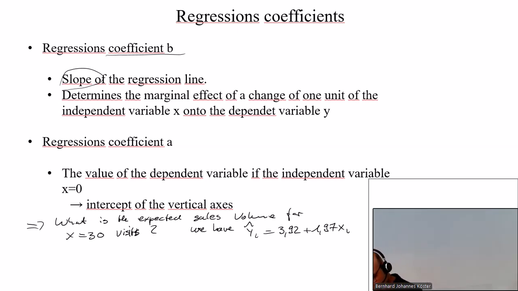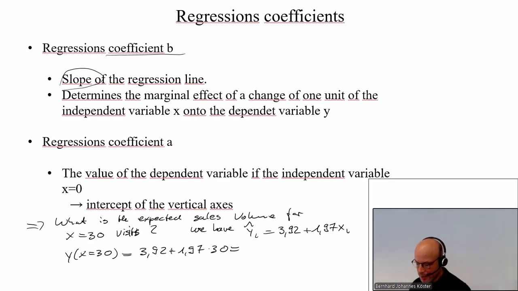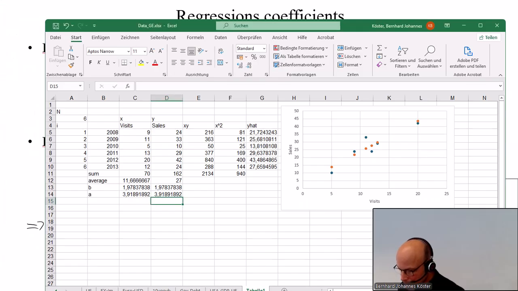And then y of x equals 30 is then 3.92 plus 1.97 times 30. Let's do it here.